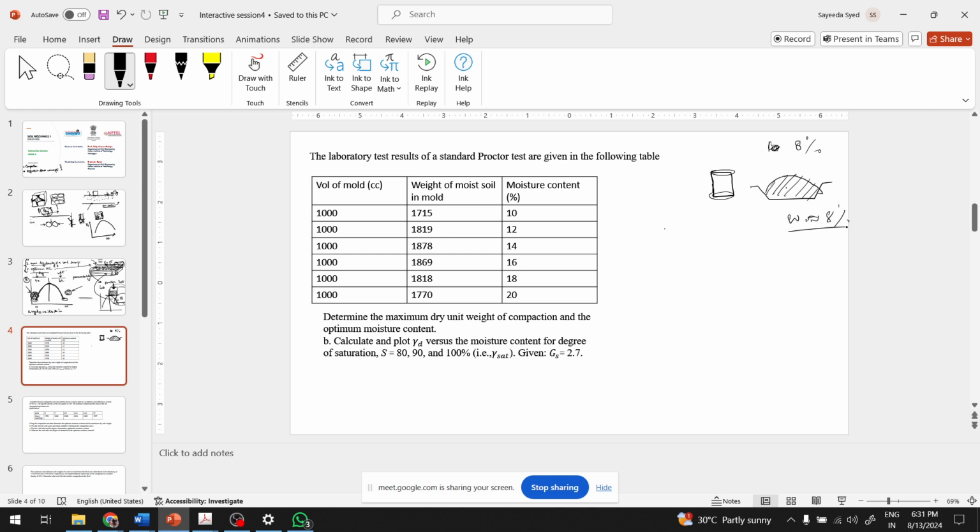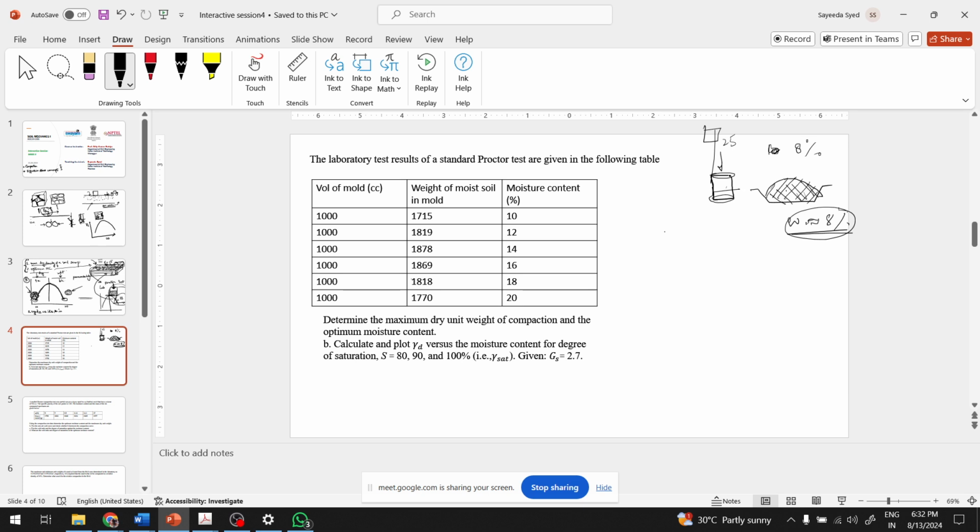Now, the water content is not exactly 8% because of the human error when we are mixing this, but around this it will be. And then we fill this and tamp this with 25 blows of a standard hammer, which you already know, 25 blows in three layers. And then we open the collar, and then we weigh this mold.